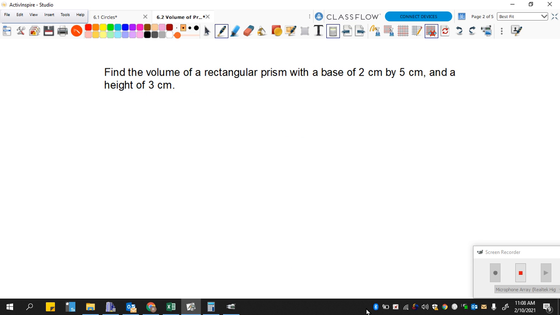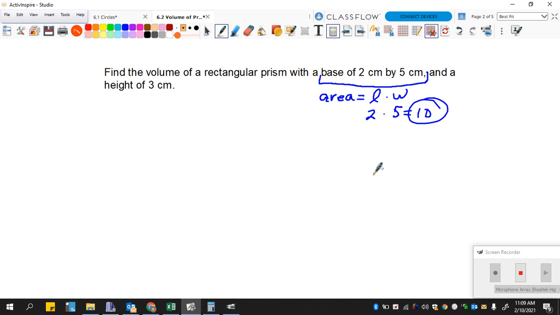All right, it says find the volume of a rectangular prism with a base of 2 centimeters by 5 centimeters and a height of 3 centimeters. So we want to find the area of the base. The area of a rectangle is length times width, which is 2 times 5, which gives us 10.